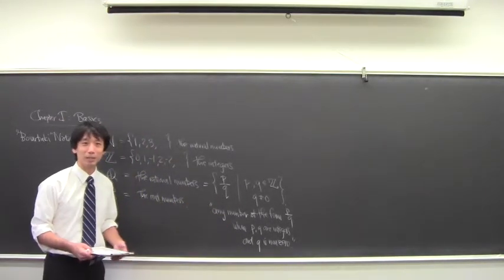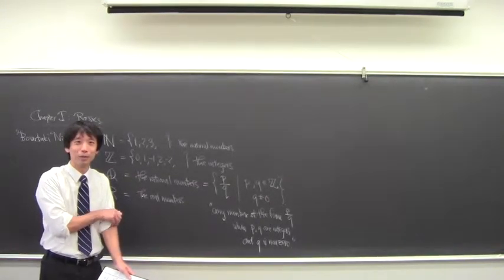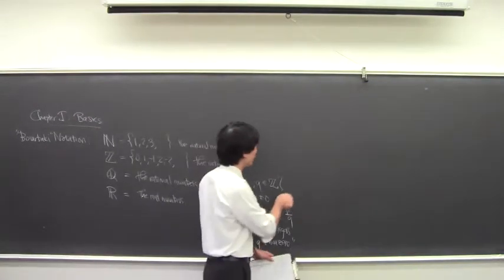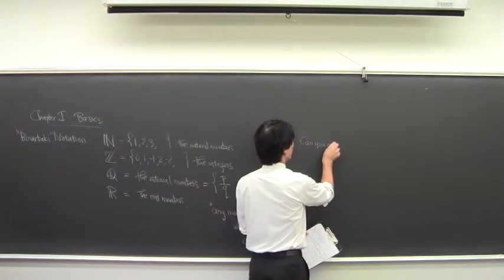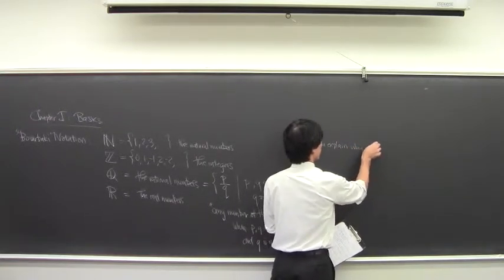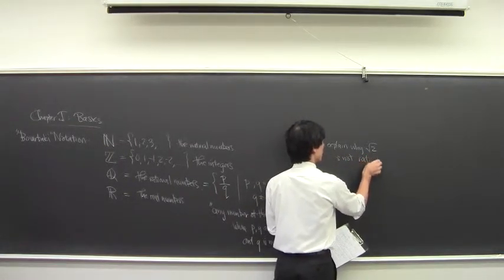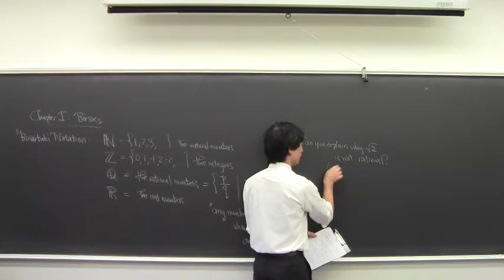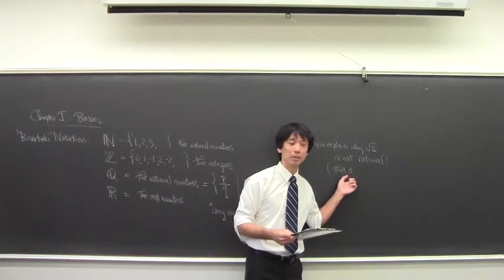Again, if we wanted to be sticklers, maybe I would say, how do you know that the square root of 5 or the square root of 2 is not a rational number? Can you explain? So I don't think we'll do it, but can you explain why the square root of 2 is not rational? In other words, to be not rational, what does that mean?